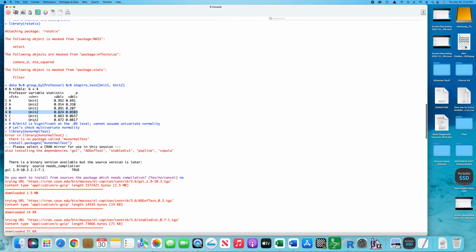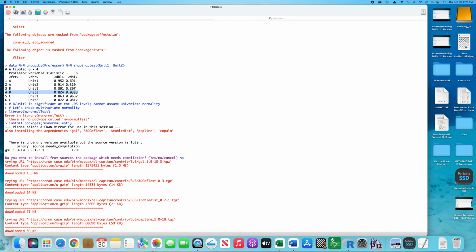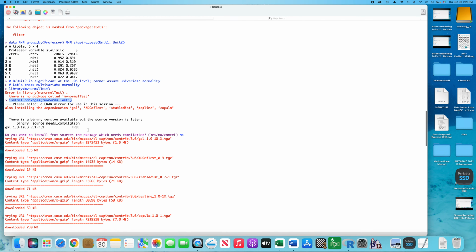However, we can go ahead and check multivariate normality, which in my opinion, in the context of MANOVA, is most important. So I tried to load the MVN test. For some reason, the version I had installed wasn't reading, so I had to install it again.